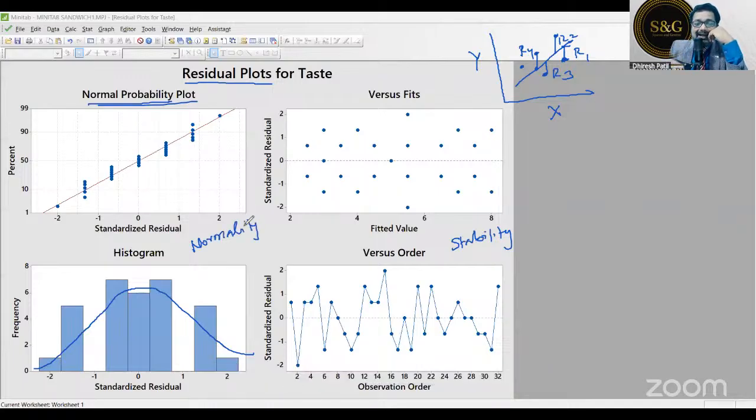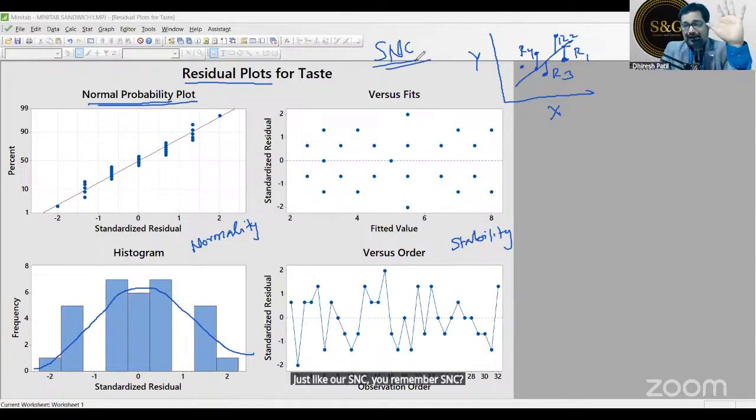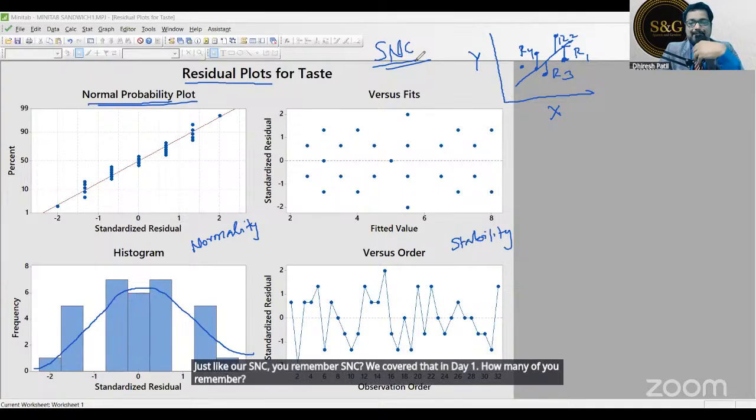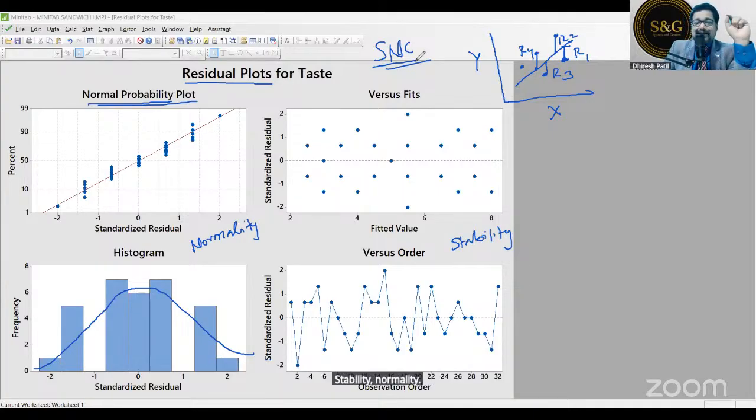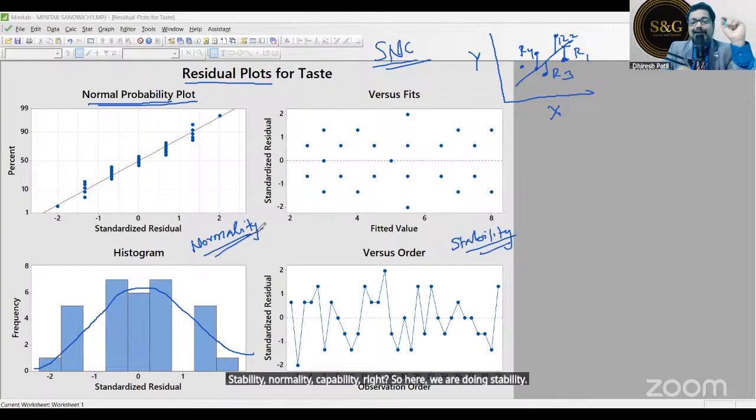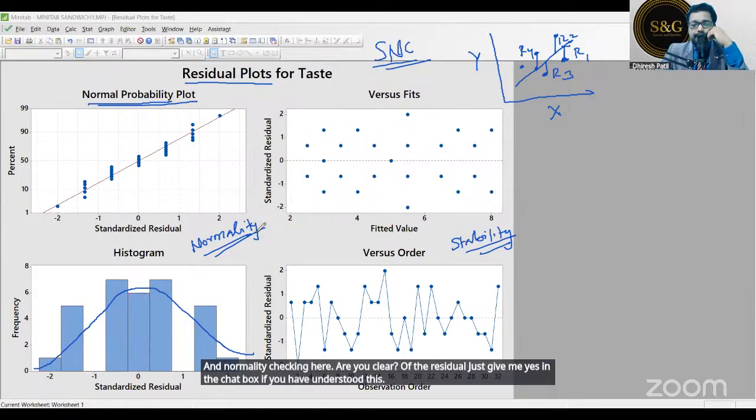Just like our SNC. You remember SNC? We covered that in day 1. How many of you remember? Stability, normality, capability, right? So here we are doing stability and normality checking of the residual. Are you clear? Just give me yes in the chat box if you have understood this.